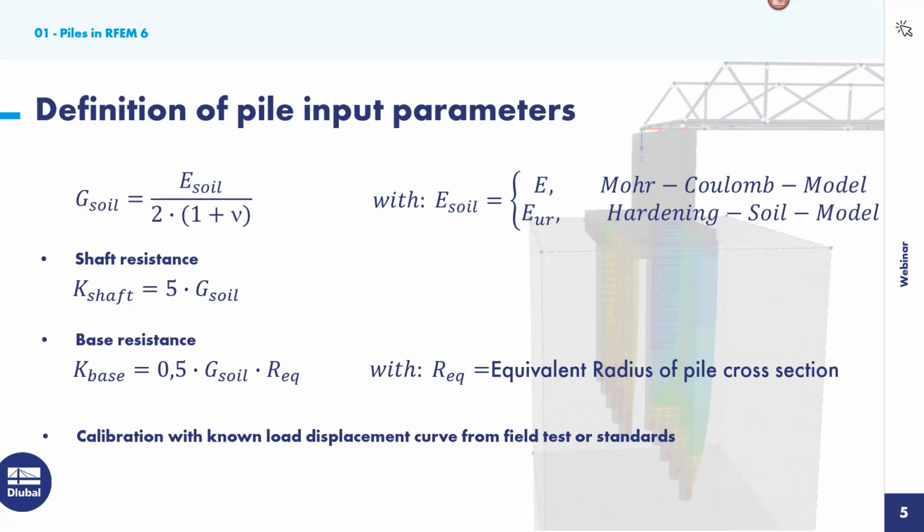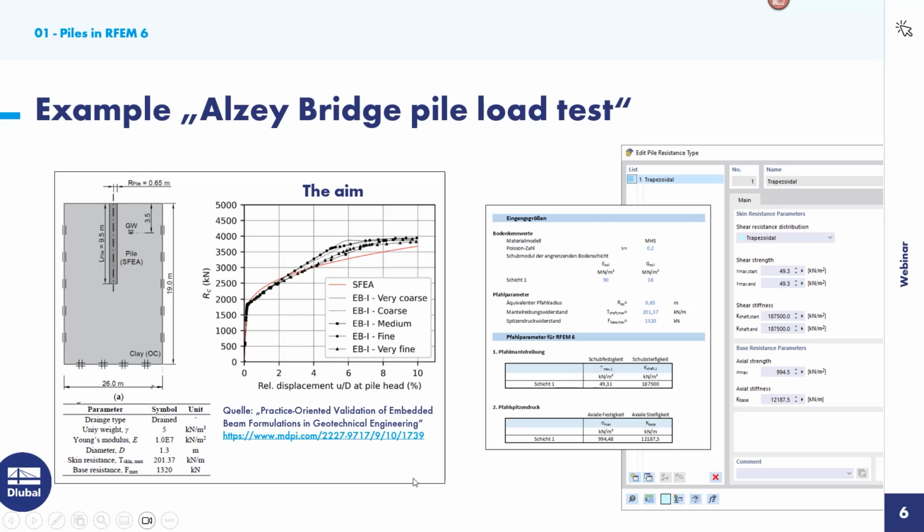And if your single pile model can represent this load displacement curve, then you can use this pile with this input in your main model with more piles. Yes, and we will do this.